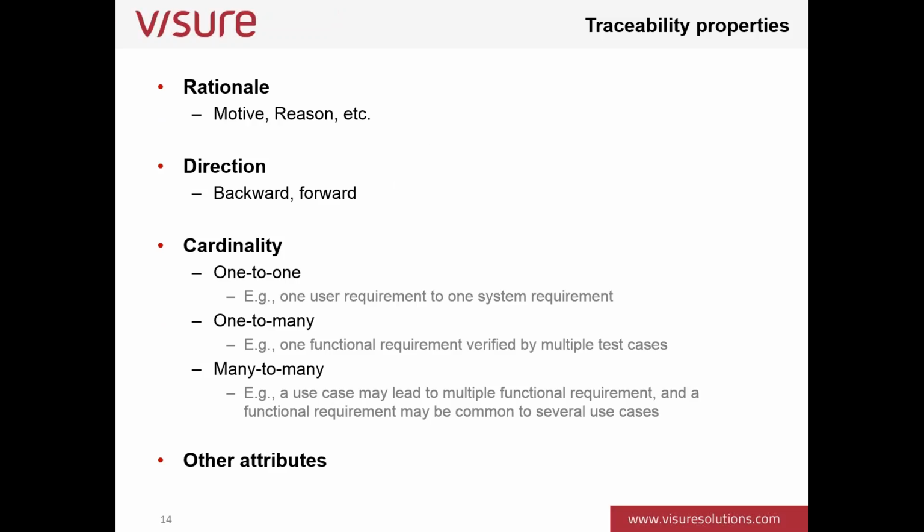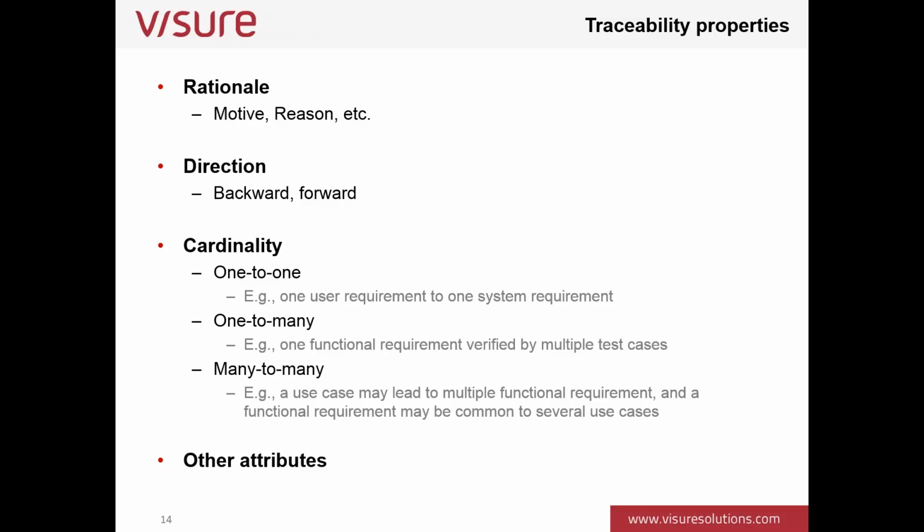So for example, this test is validating this requirement, or this low-level requirement is specifying this high-level requirement, or this design element is implementing those requirements, things like that. So it's important to have a reason for the trace, so that someone can read and understand the meaning of that trace.